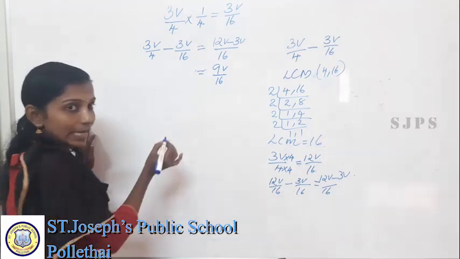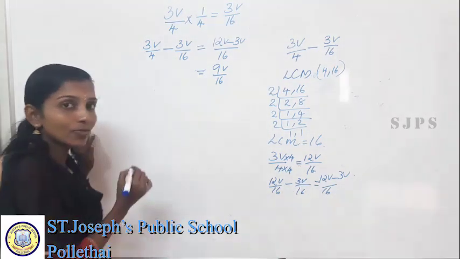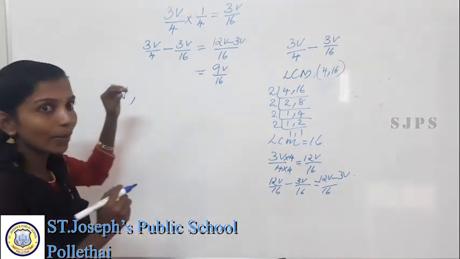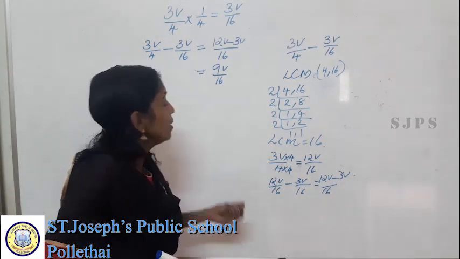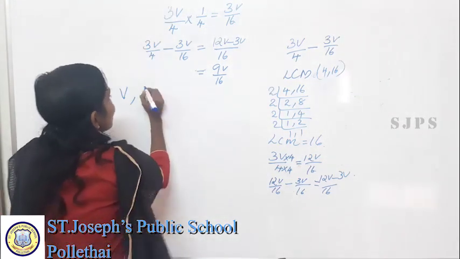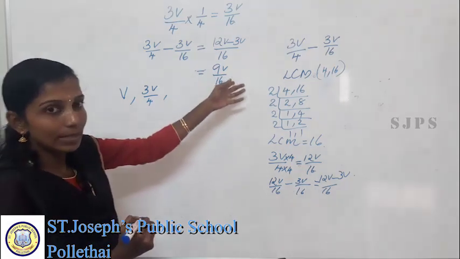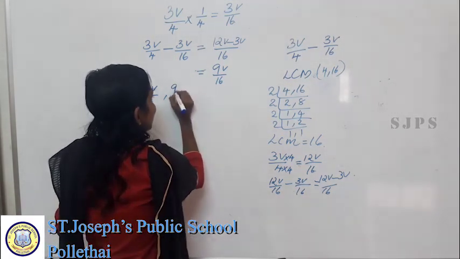So we get 3 terms there. First, what is the volume of the cylinder? First the volume is V. Then 1/4 of the air is removed. Then the volume is 3V divided by 4. Next the volume is 9V divided by 16.